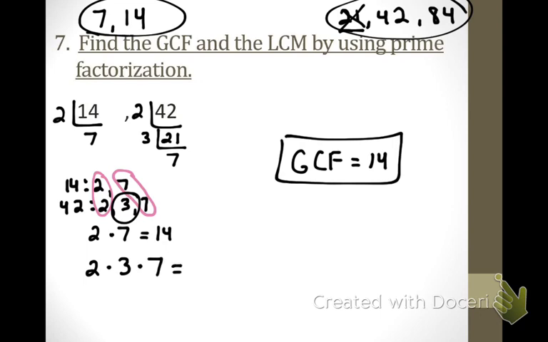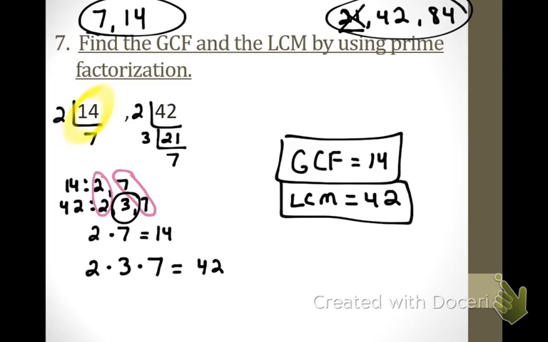When you multiply 2 times 3 times 7, what do you get? 42. So your LCM is 42. Remember, this is what you're trying to find. The least common multiple that both of these numbers will go into, okay? Can a 14 go into a 42?